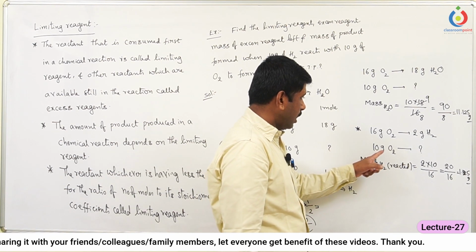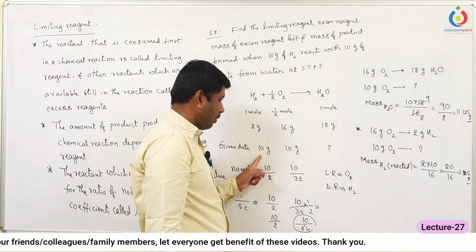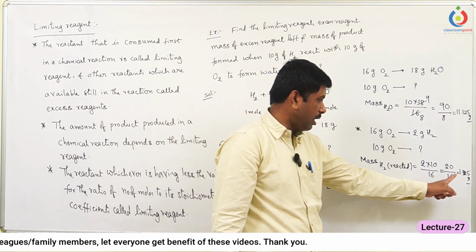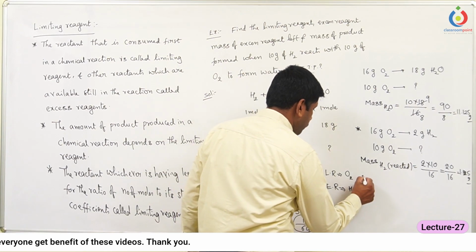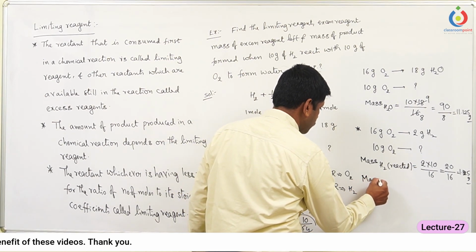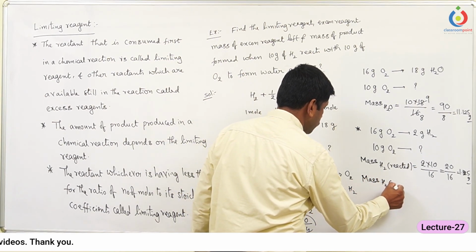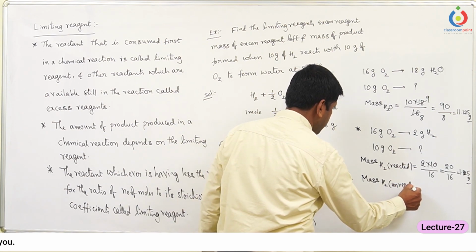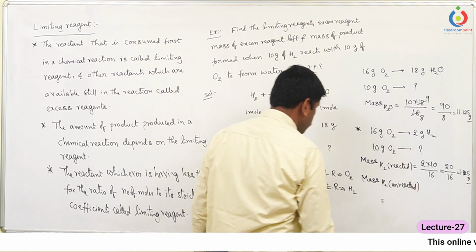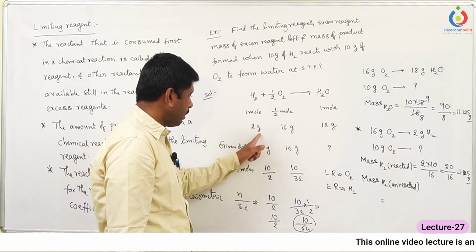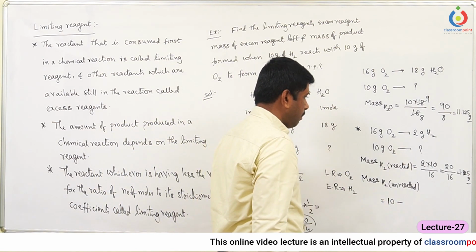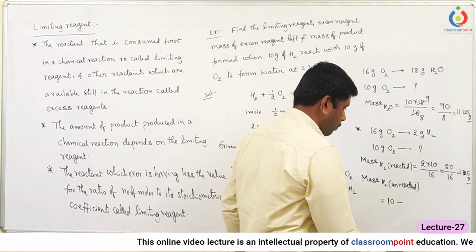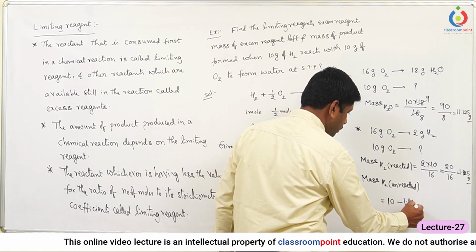So out of the 10 grams of hydrogen we have taken, 1.25 grams of hydrogen is consumed in the reaction. So the remaining mass of H2 unreacted is equal to the initial mass, total mass is 10 grams, minus the mass of hydrogen reacted, 1.25 grams.